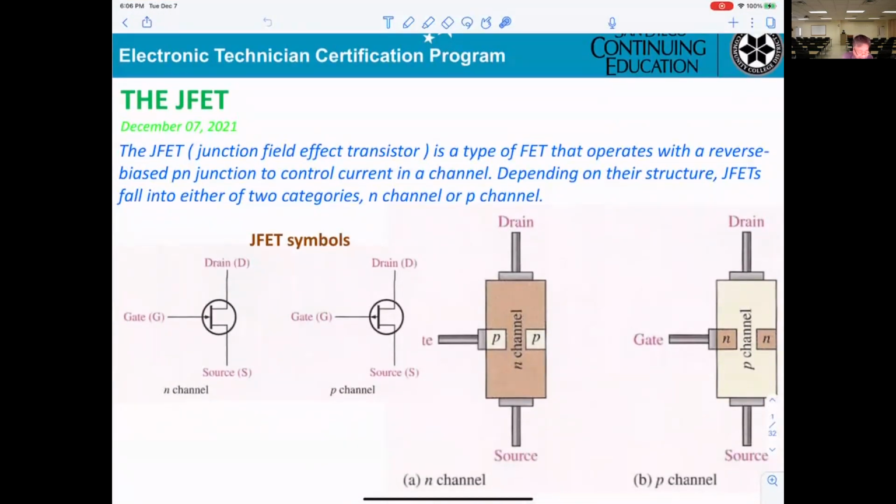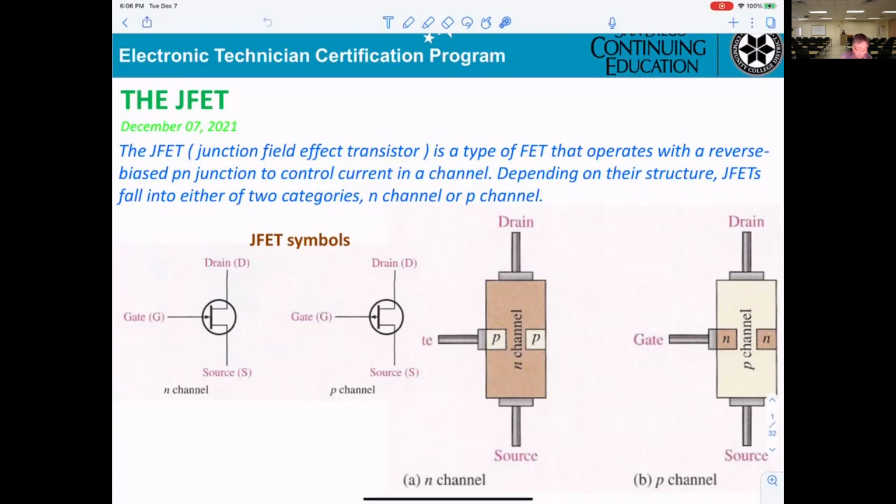The JFET, that's a Junction field effect transistor. It is a type of FET that operates with a reverse-biased PN junction to control the current in a channel. Depending on their structure, JFETs fall into either of two categories, N channel or P channel.